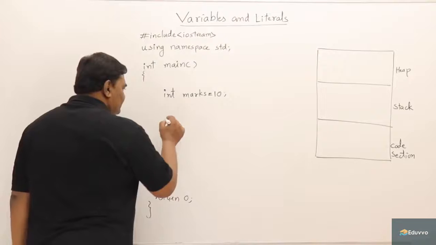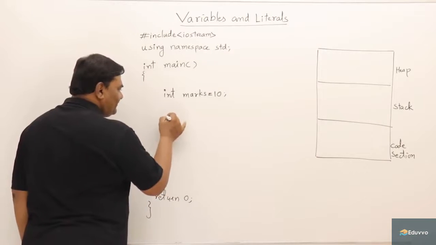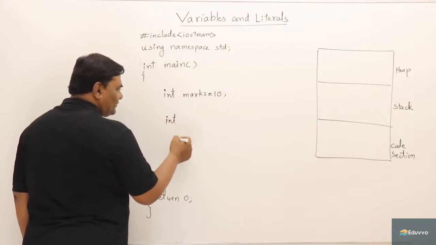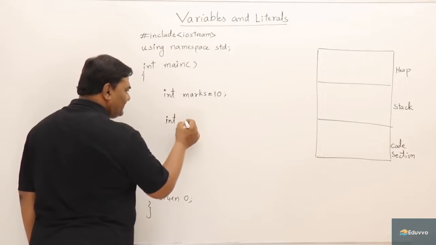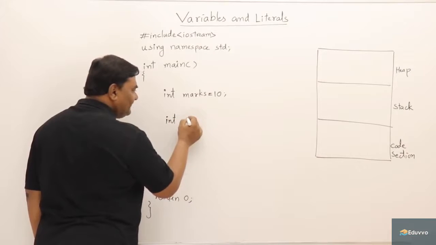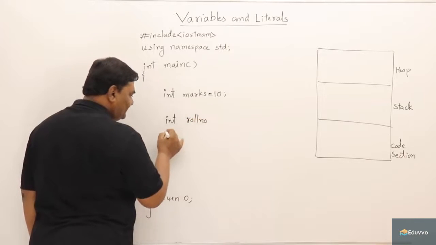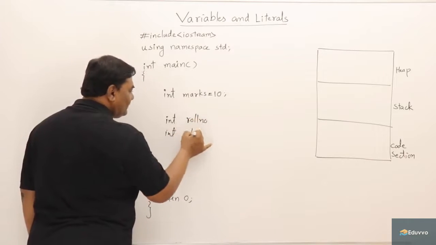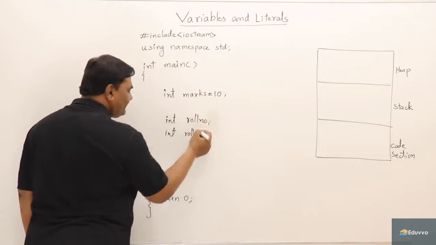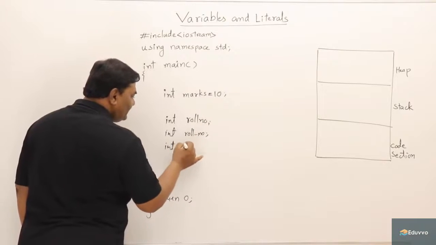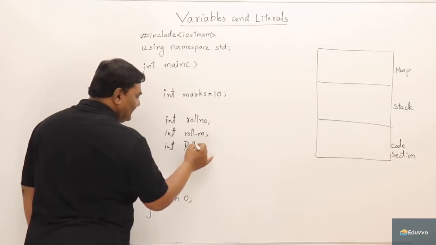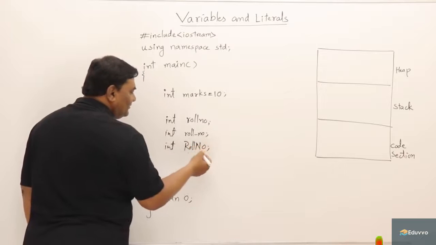I will show more. Suppose you are declaring a variable for storing a roll number of a student, then it's better to give a meaningful name. So give a complete name. I can write rollnumber like this also, or I can write roll_number, or I can use rollNo.